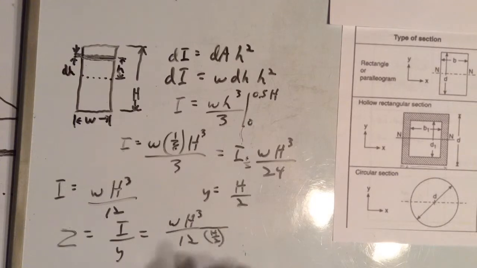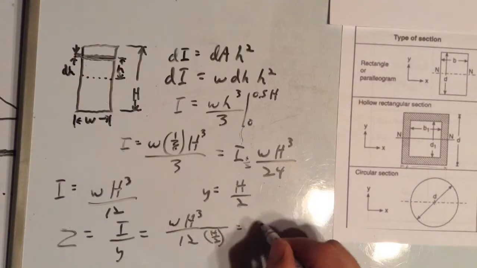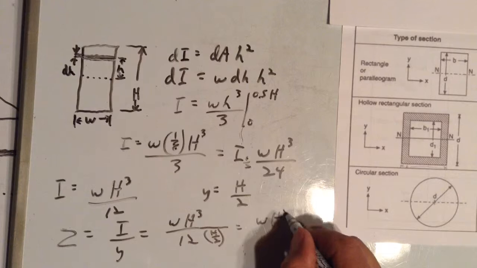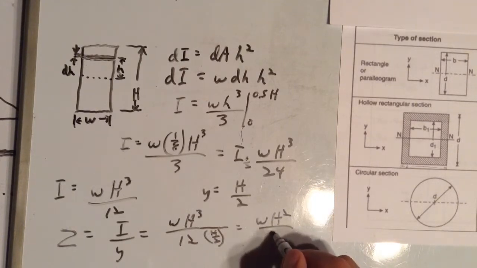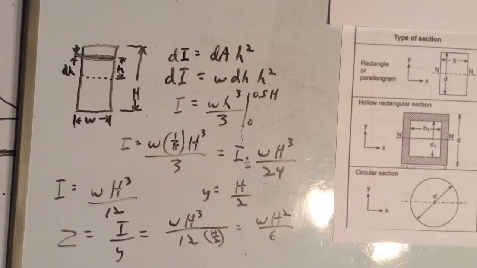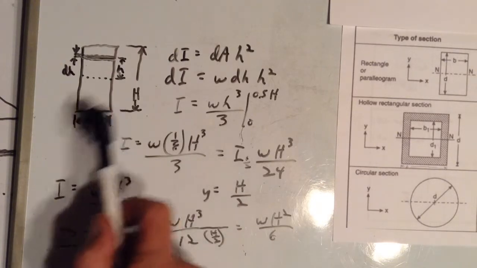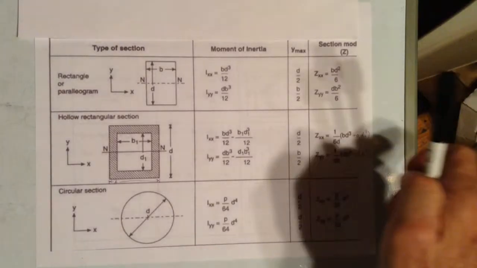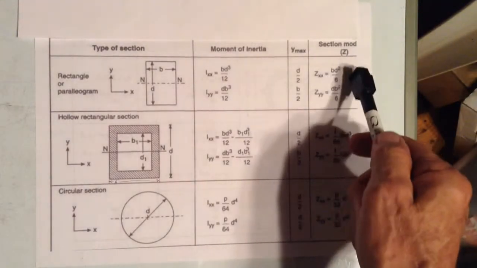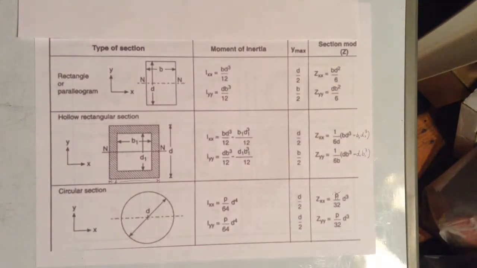Okay, well, H cubed over H is going to be H squared. And 12 times 1 over 2 is going to be 6. So there we go. Our section modulus, we have the same old formula. Base times the height squared over 6. Just like we had over here, except we called it base times depth squared over 6.